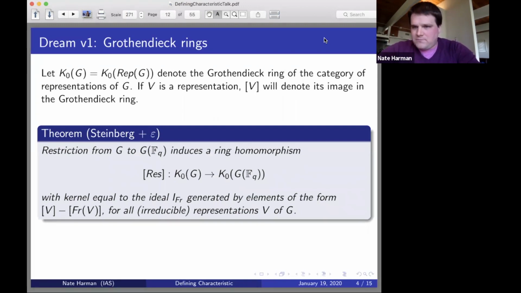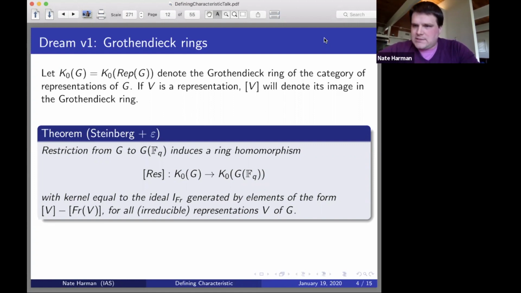If I restrict from G, the algebraic group, to the F_q points, this induces a homomorphism of rings on the level of Grothendieck rings, and the kernel of this homomorphism is an ideal, and that ideal is generated by differences V minus the Frobenius twist of V for all representations of G. Whether all representations or all irreducible representations, it's the same.